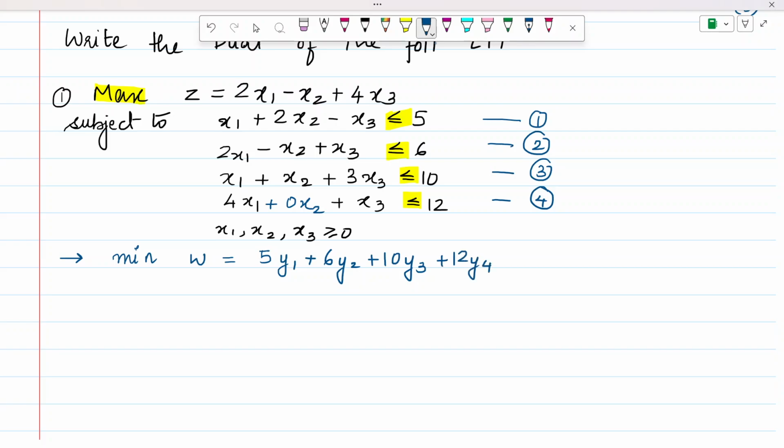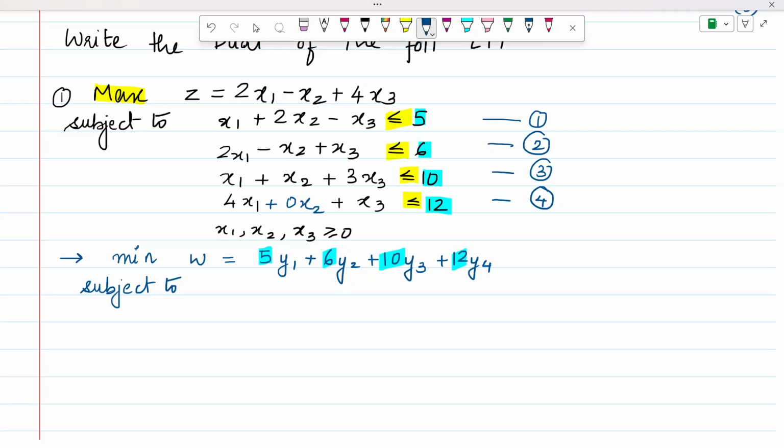Now, where did I get these from? Let's understand each of them: 5y1, 6y2, 10y3, and 12y4. These are your constants 5, 6, 10, and 12. Now we go to the constraints.